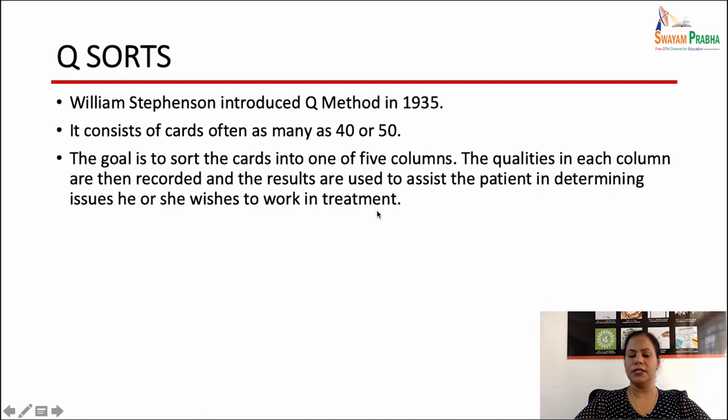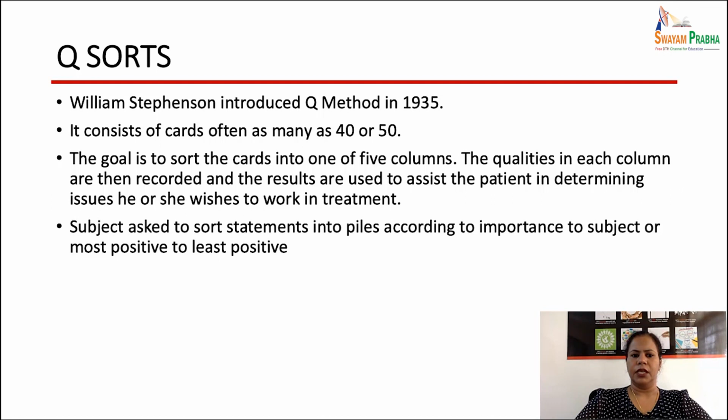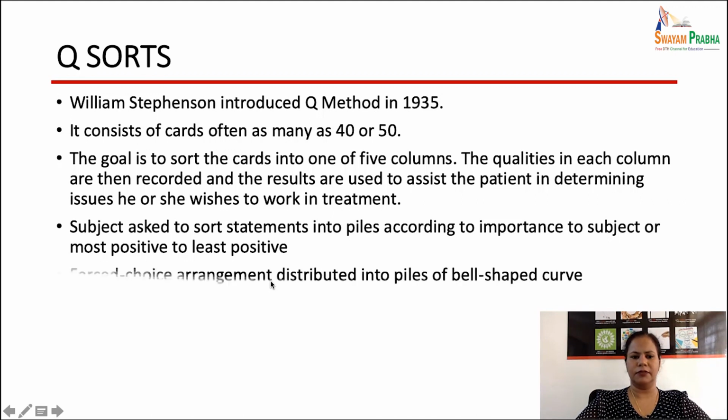You may ask them something like, for example, if you are talking about their day-to-day problems, the person may have to sort the cards from 1 to 5 columns: what is the least important problem you are feeling, and what is the most important problem you are feeling nowadays, and then the person sorts the cards accordingly. The subject is asked to sort statements into piles according to importance, or from most positive to least positive.